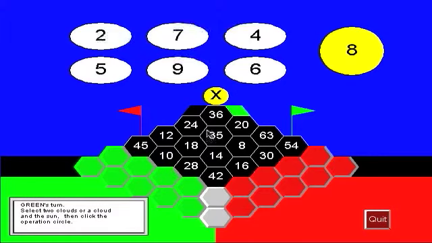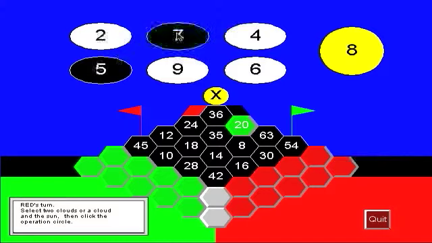There are no wrong answers, but knowing the operations gives you a better chance of picking the block that you want. For example, green goes first, if green wanted 20, so that would be 4 times 5. And if red wanted to block with 35, that would be 5 times 7.